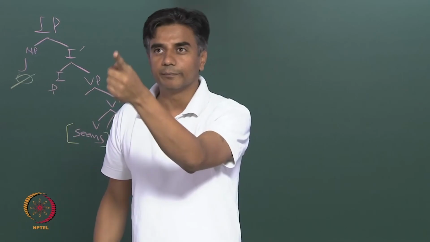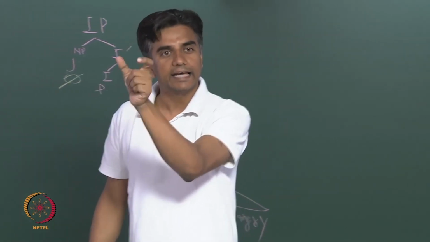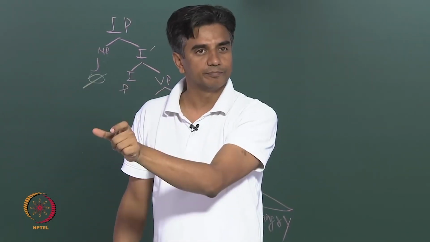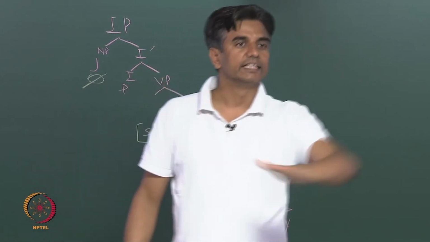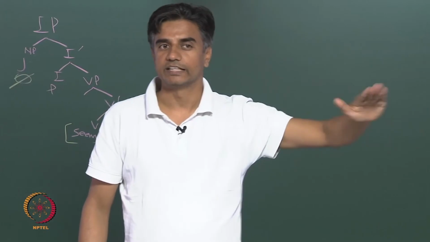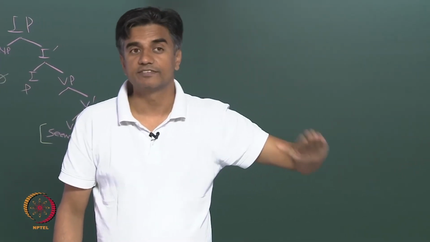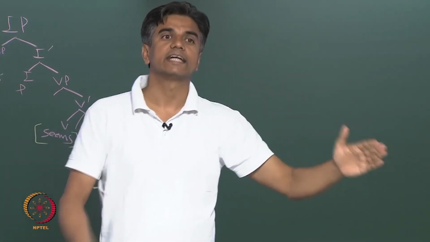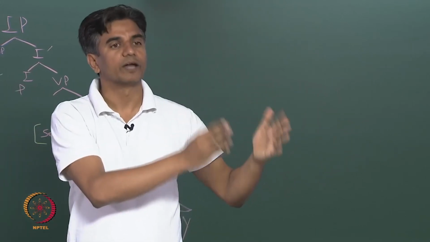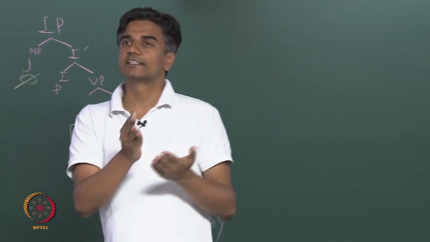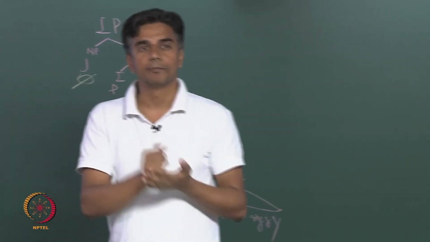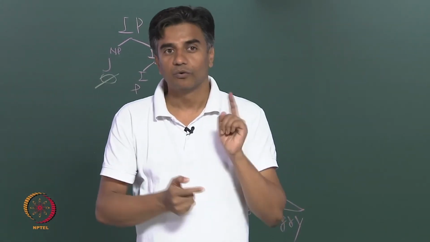So the NP Mary cannot stay there because the predicate is infinitival, with no case to the subject position. Therefore it needs to go to a place where it can receive case and satisfy the subject requirement as well. Okay? Therefore, it is an example of compulsory movement in the language.